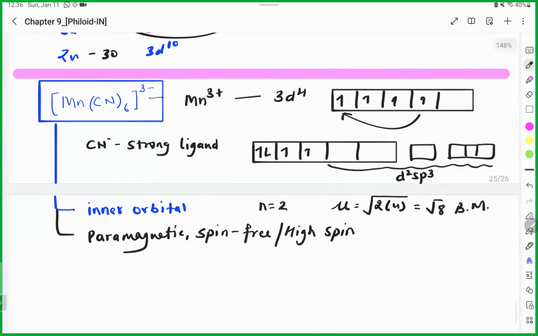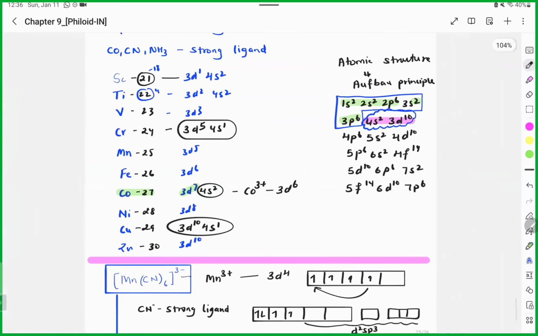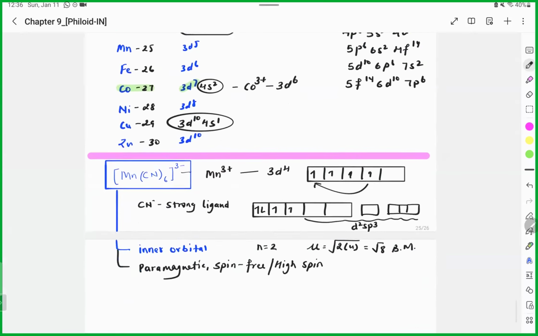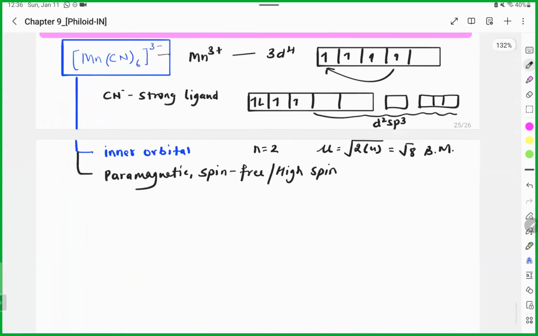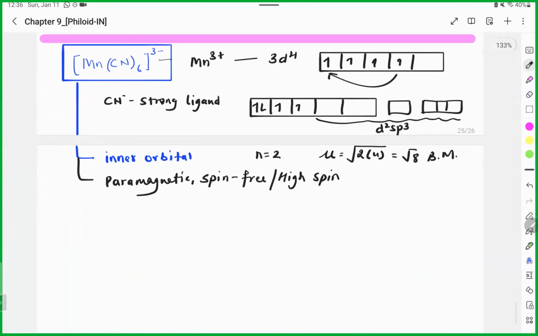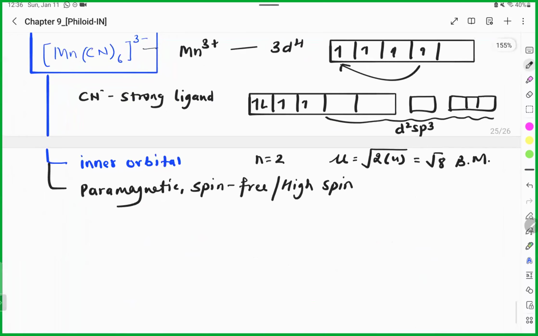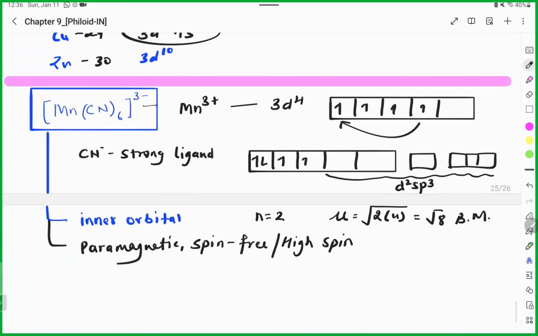Tell me guys, any doubts? Yes, Anvita. Sir, won't it be d3sp2? No, it won't be, because the maximum d orbitals that can be used here is only 2. That is why it is special. That is why I wrote it separately from NCERT. The maximum orbitals you can use here is only 2.